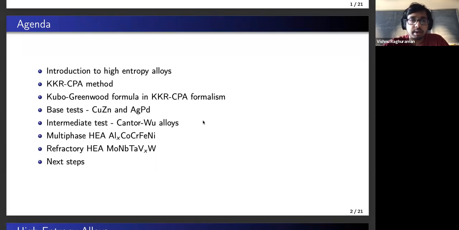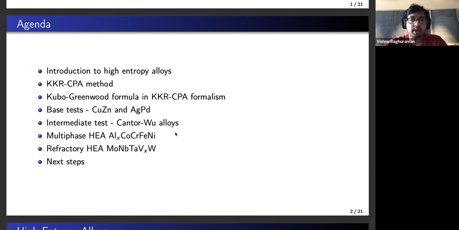As an intermediate test, I'm going to show the application of our code on the Cantor alloys, which were studied in a paper by Sai Mu. Again, this serves as a comparison to show that our code is functional.